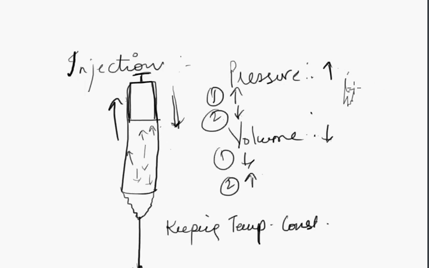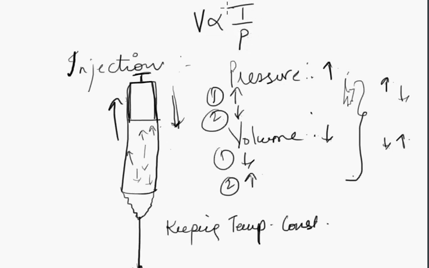So how does this relation work? When we increase the pressure, volume decreases. When we decrease the pressure, volume increases. So we say volume is inversely proportional to pressure. Keep in mind that temperature is kept constant. So this is basically Boyle's law.